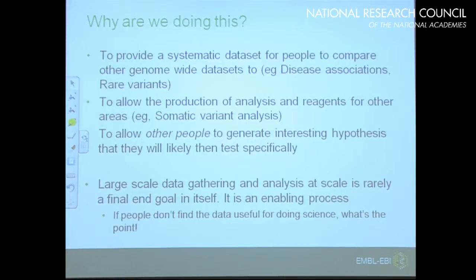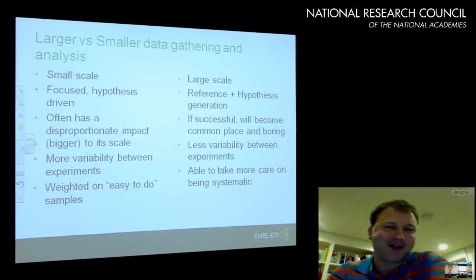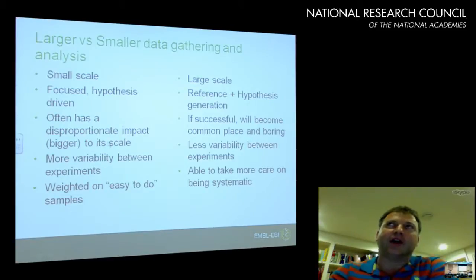But I know that you didn't ask me here to talk about ENCODE in terms of necessarily the science. So in slide 4, what I'm hoping to show, it's quite hard to work out whether you're on slide 4, but hopefully it's working. It's worth taking a step back and asking why we are doing large-scale data gathering and large-scale data analysis. And the reason is to provide systematic data sets.